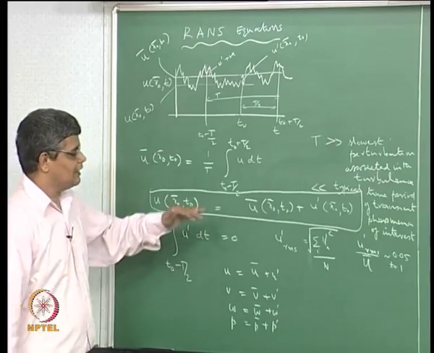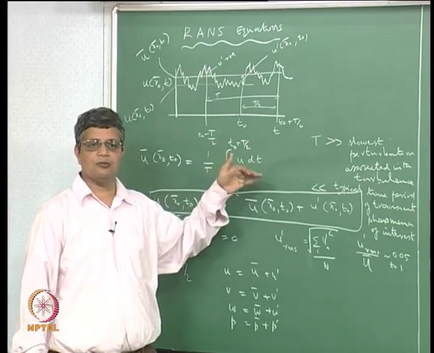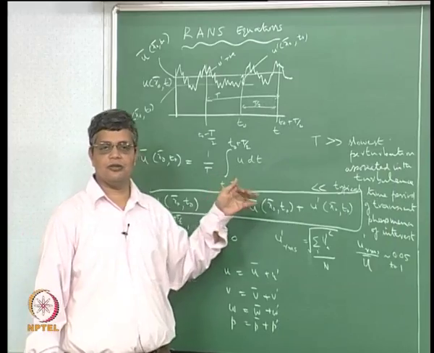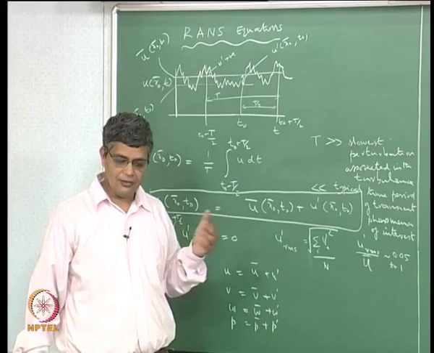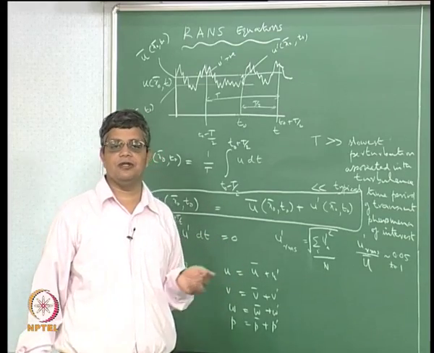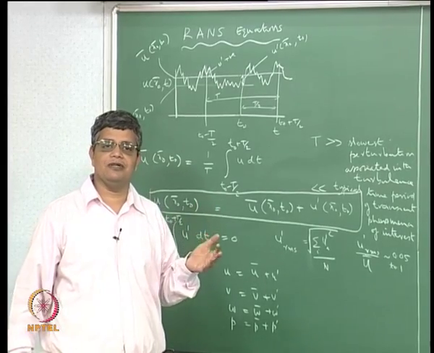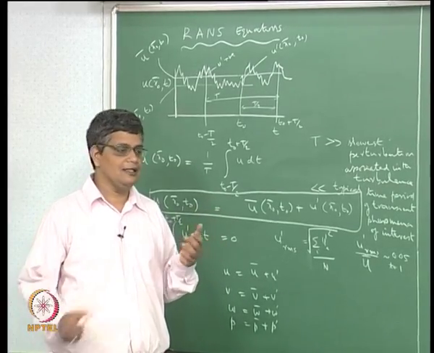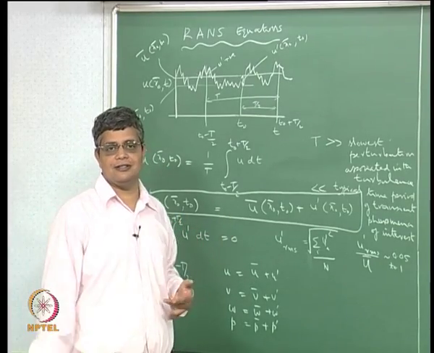Okay, so there is an upper limit and there is a lower limit. So the time period has to be much smaller than the transient phenomena that we want to resolve using our equations. For example, in the case of the temperature variation, if we are interested in the daily temperature variation or a weekly temperature variation, then we cannot average the temperature over a week or a month.